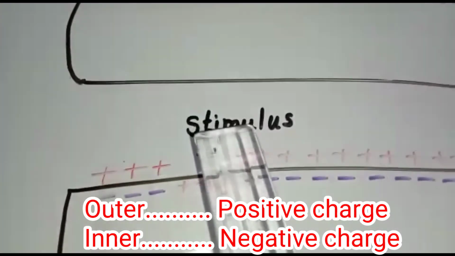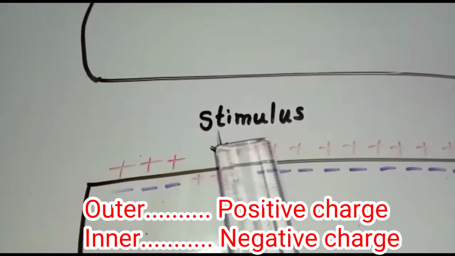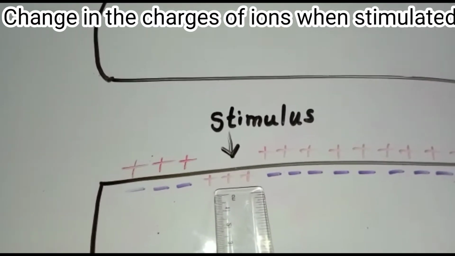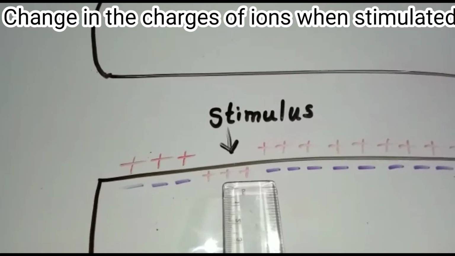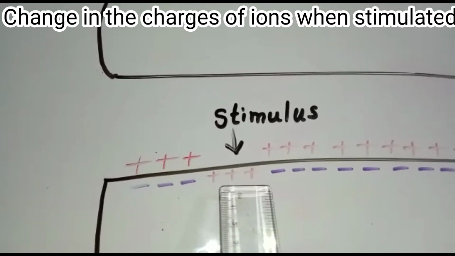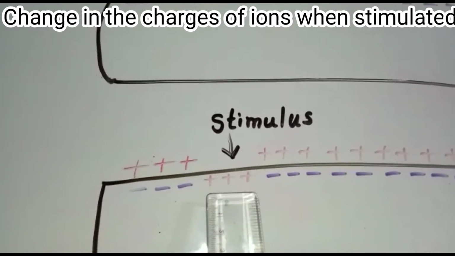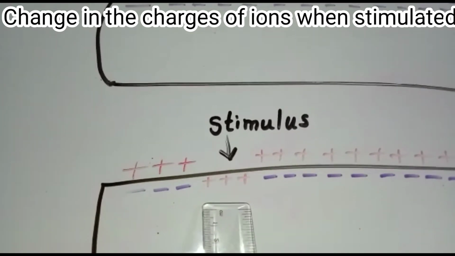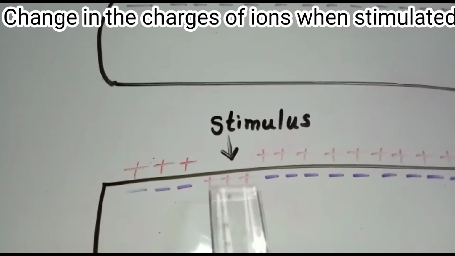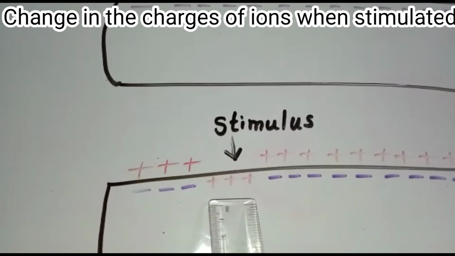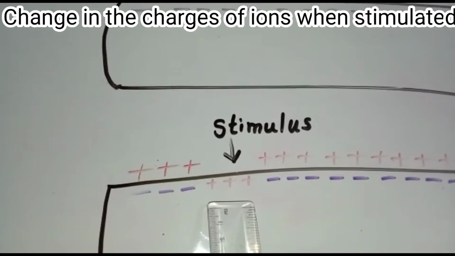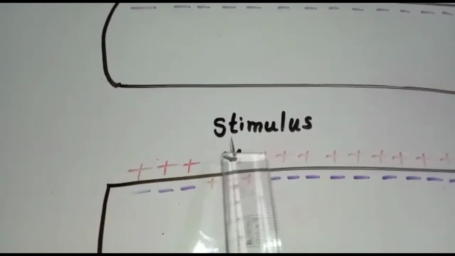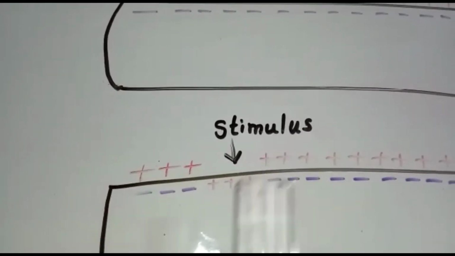When a stimulus occurs in this region, the charges become reversed: the distribution of ions in that part changes, so the inner surface becomes positively charged and the outside negatively charged.